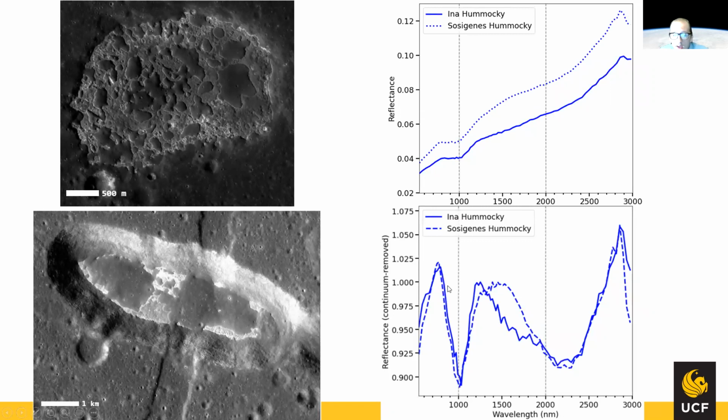We did the same thing for the comparison with the hummocky terrains as well. Again, the spectral shapes look relatively similar, and both Ina and Sosogenes have comparable absorption depths at both band 1 and band 2.